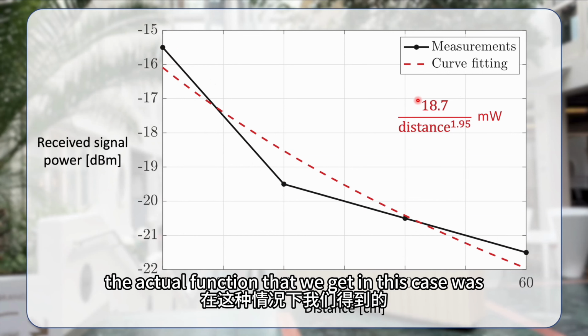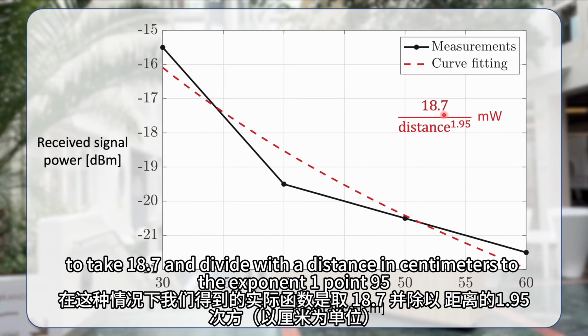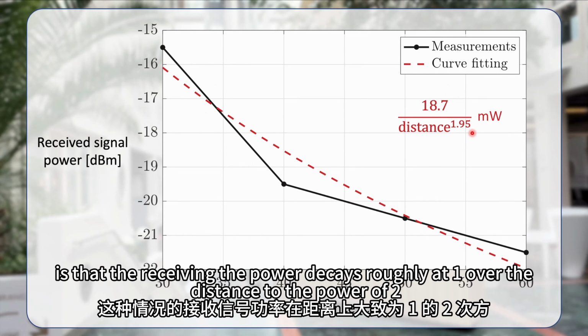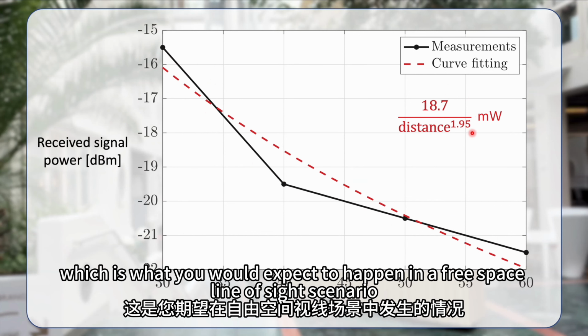The actual function that we got in this case was to take 18.7 and divide by the distance in centimeters to the exponent 1.95. And what this is telling us is that the received signal power decays roughly as 1 over the distance to the power of 2, which is what you would expect to happen in a free space line of sight scenario.